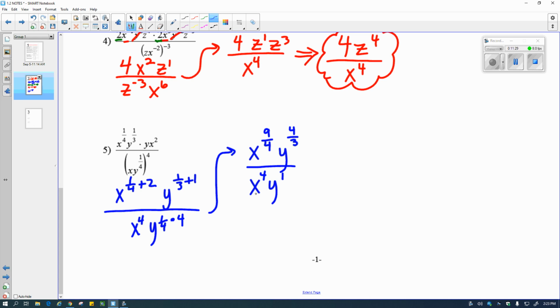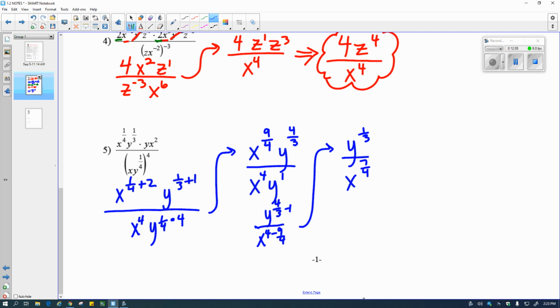There are 4 x's on the bottom and 2 1/4 on the top. So when I do that, I'll end up with x to the 4 minus 9/4 power. And on the top, I have more y's, so that'll be y to the 4/3 minus 1. So now when I do the math on that, I have y to the 1/3 over x to the, let's see, 7/4. So that would be 4 minus 9/4.